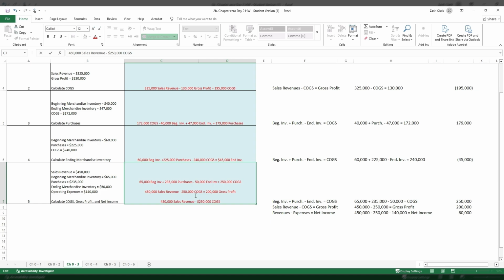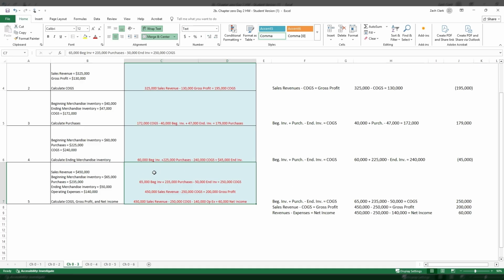Oh, and I haven't been using the dollar sign, so I'll just bypass it and stick with my formatting. And then 140,000, I'm just going to say OPEX, operating expenses. That's another way to say that. And then that's going to equal 60,000 of net income.